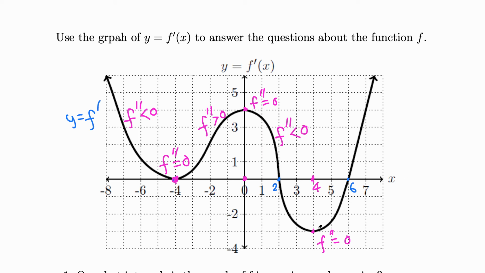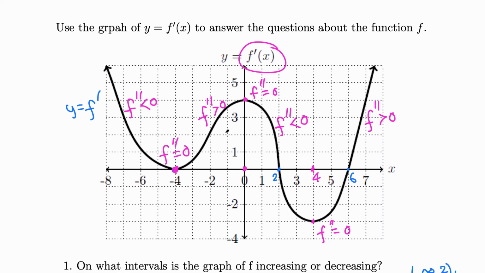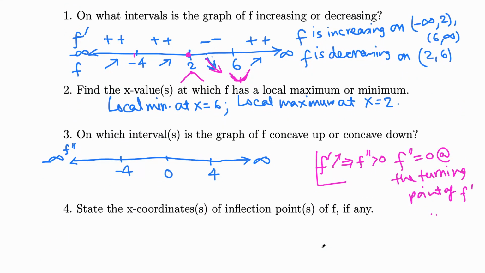From -4 to 0 it is going up, so the second derivative is positive. From 0 through 4 it is decreasing, so negative. From 4 on it is going up, so positive. So we got negative, positive, negative, positive.